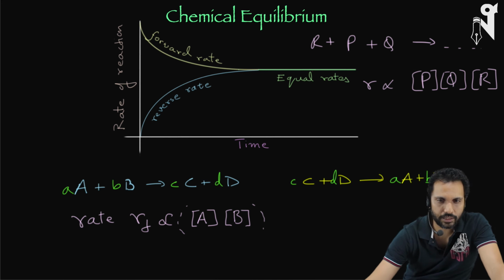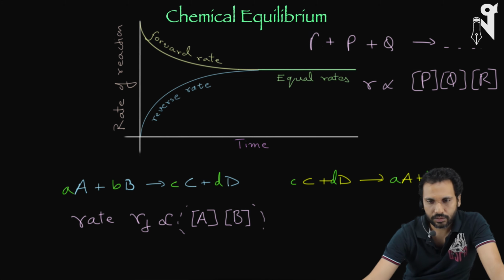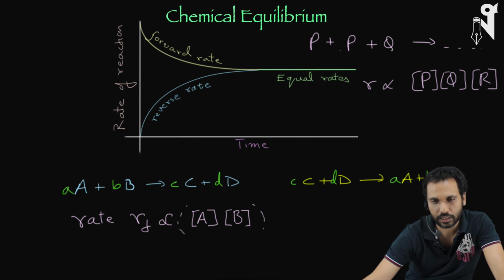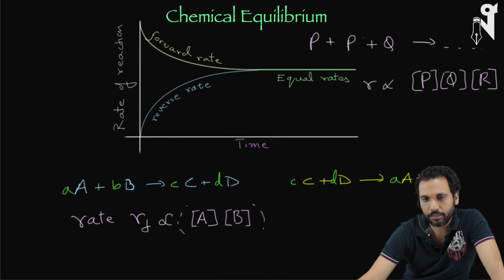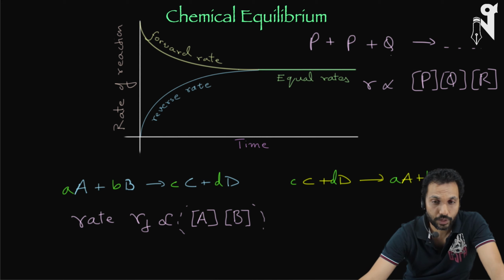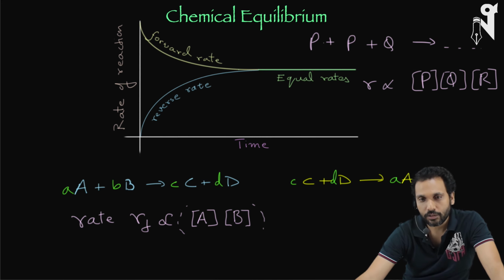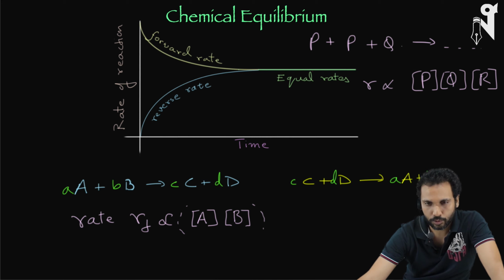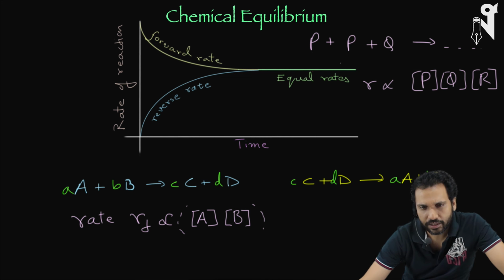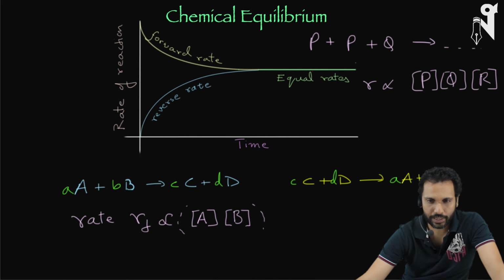And now let me replace the R with another P. So if there are three molecules which are, say, bombarding among themselves and forming the product, where is the issue, which we are going to study next year? So if that is happening, then would it not be that the rate will be given by P into Q into P again?